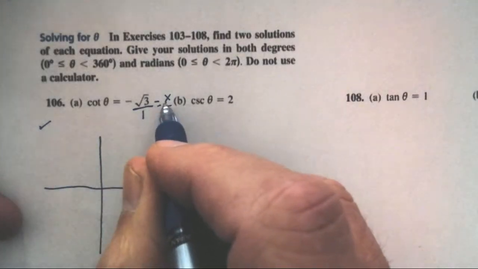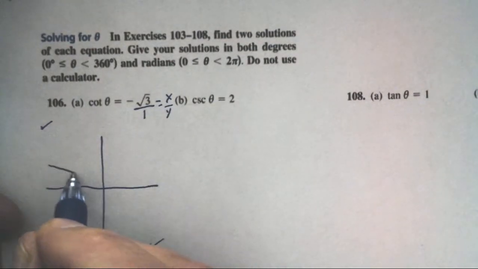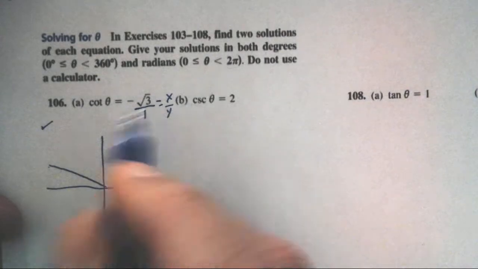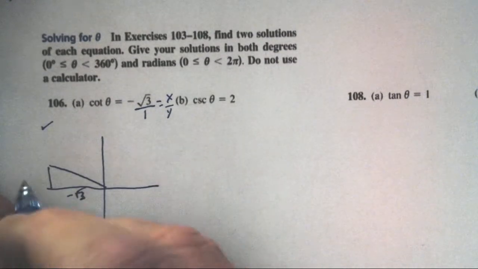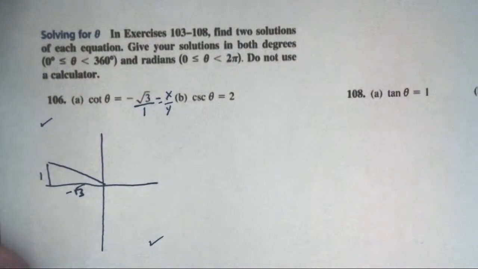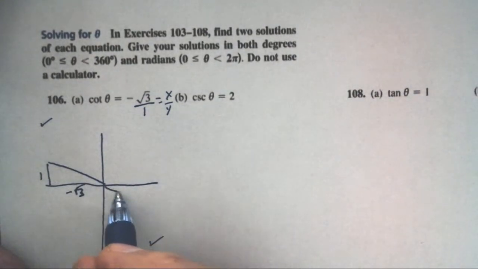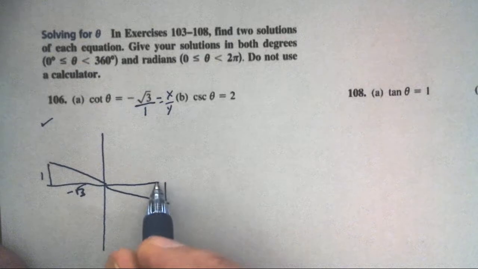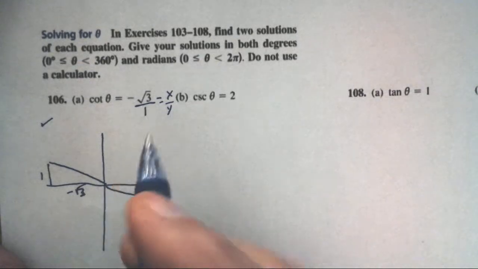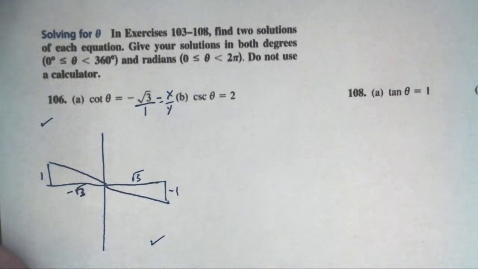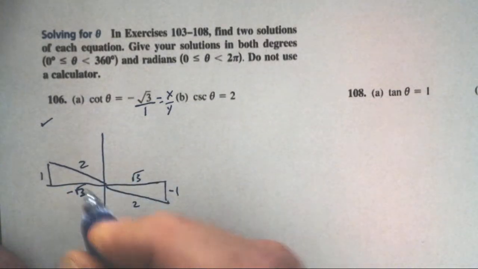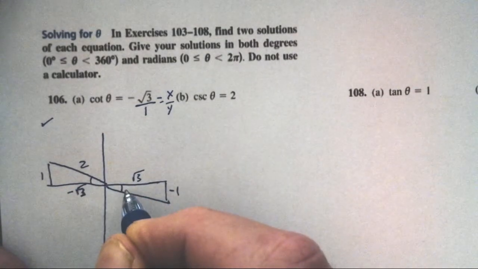The ratio, I'm going to try to draw this one to scale. X is longer than y. So here's our negative square root of 3, here's positive 1. That looks like a familiar triangle. And likewise over here, x is longer. So here's a square root of 3 to negative 1. And sure enough, that is a 30, and that is a 30.